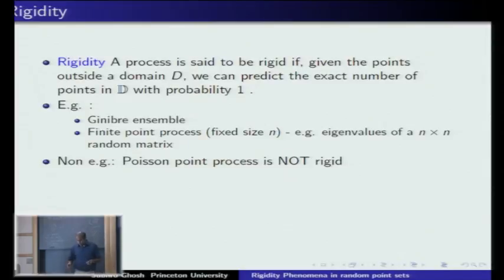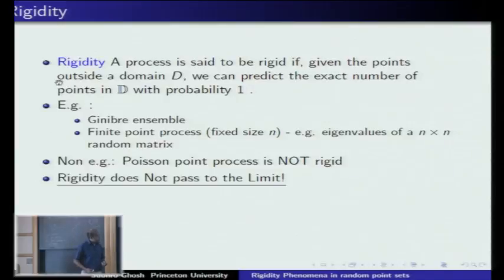One interesting question is whether you can obtain the rigidity of an infinite ensemble like the Ginibre ensemble by taking a limit, since the Ginibre ensemble arises as a limit of finite ensembles. So maybe you can take the limit of the natural rigidity in finite ensembles, and obtain the rigidity of the Ginibre ensemble as a limiting behavior.